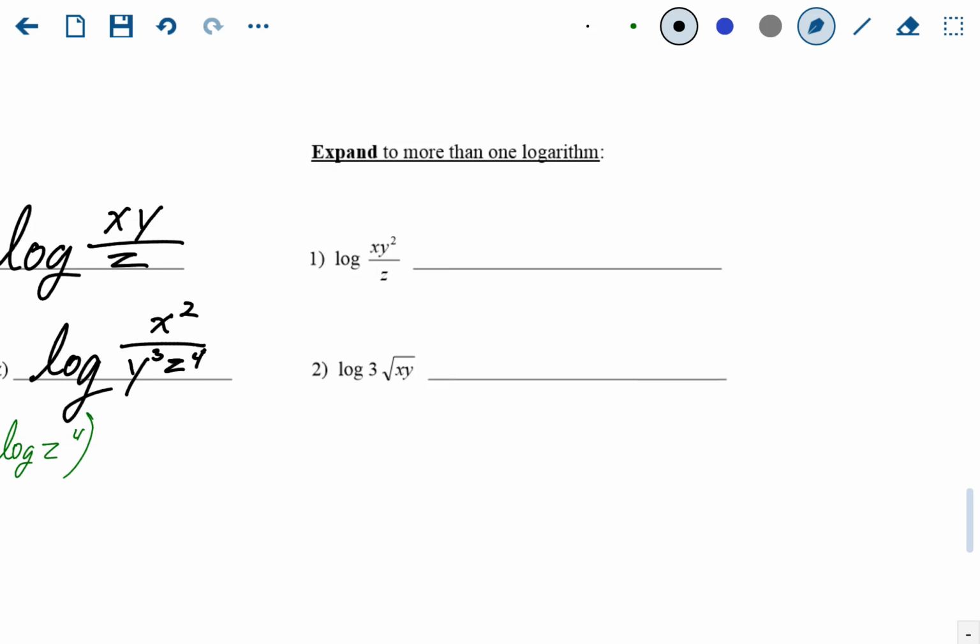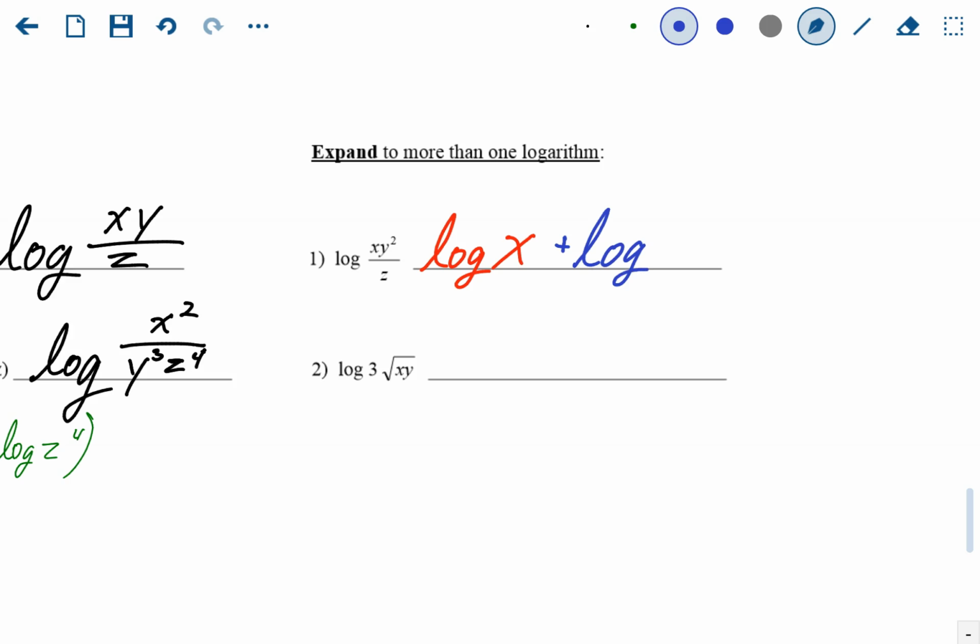And then the expansions. Okay, each different variable is going to have its own log. And if there's a number in here, each number and each different variable would have its own log. So what that means is that the x gets a log. It's going to be log x. It's on top, it's going to be plus. The y gets a log. The y is also on top, so it's going to get a plus as well.